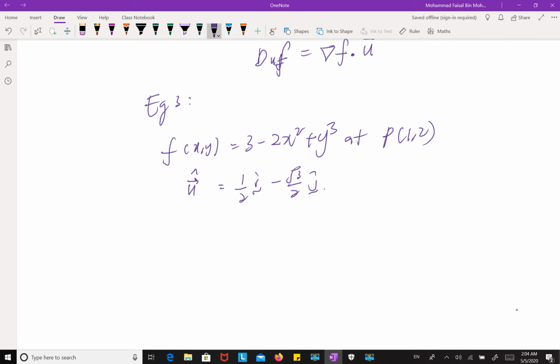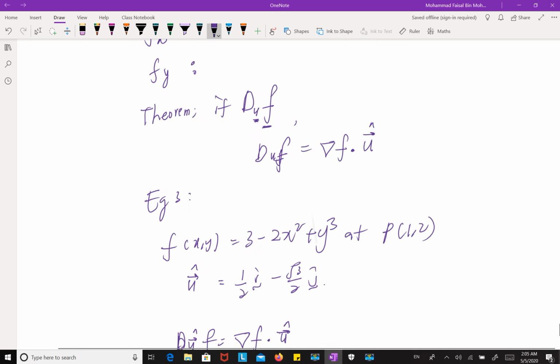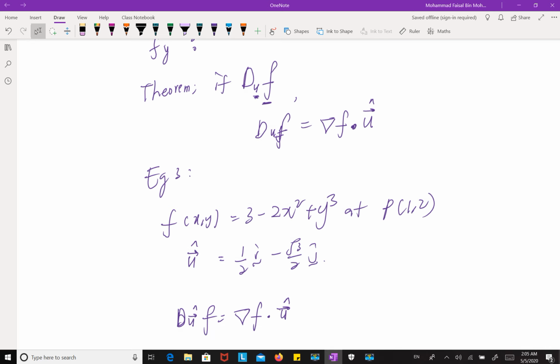So D_u f, u is small, D is bigger, equals gradient f dot with u. So actually this is a dot. Del f is a vector field, u is the unit vector.